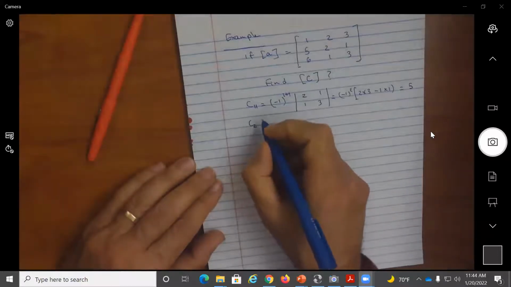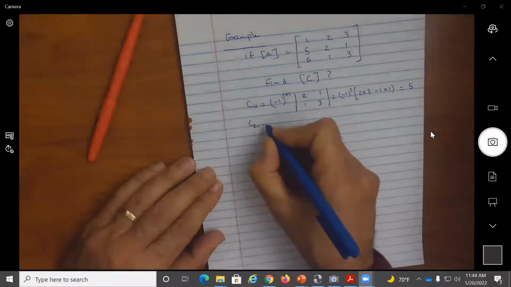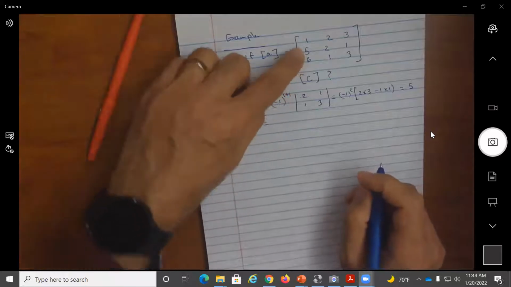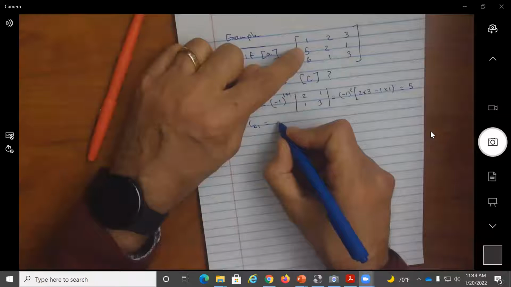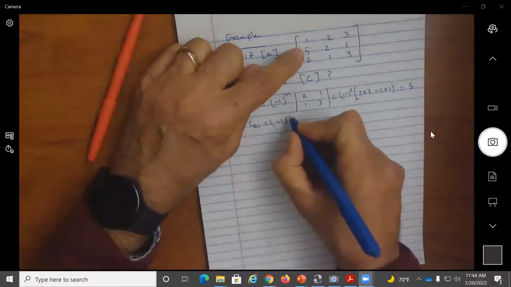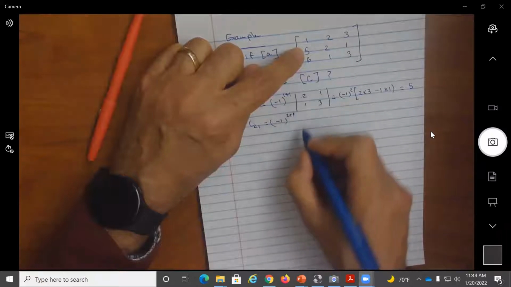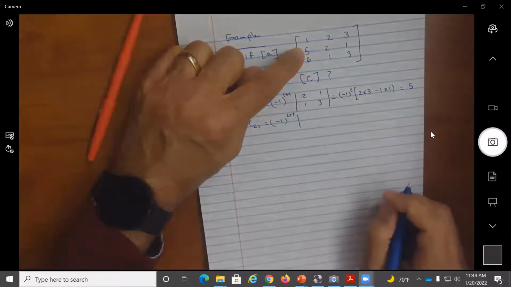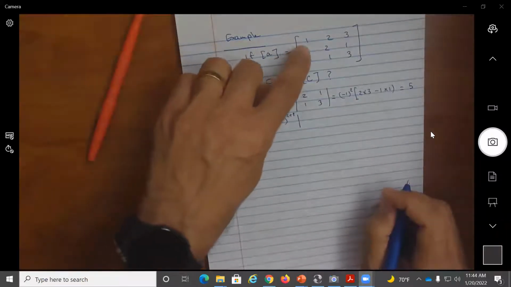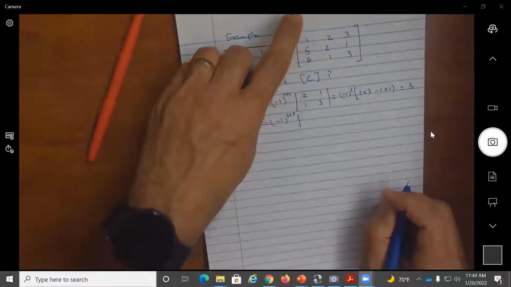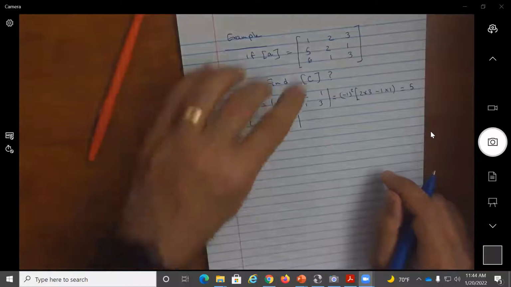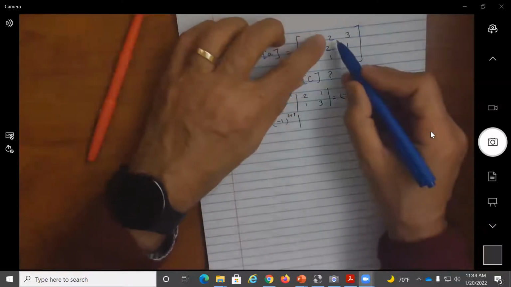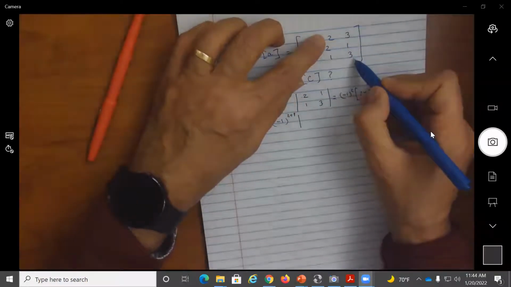C21. So I'm jumping here. I have minus 1 raised to the power 2 plus 1, so I get a negative here. Multiplied by the determinant, crossing out the row and the column, I end up with 2, 3, 1, 3.